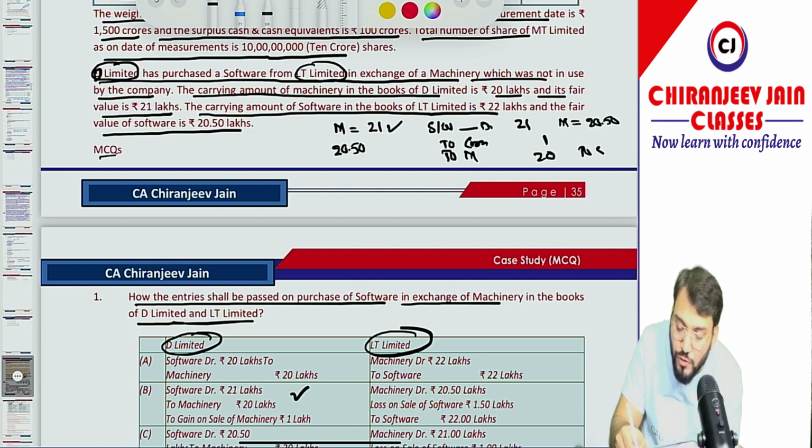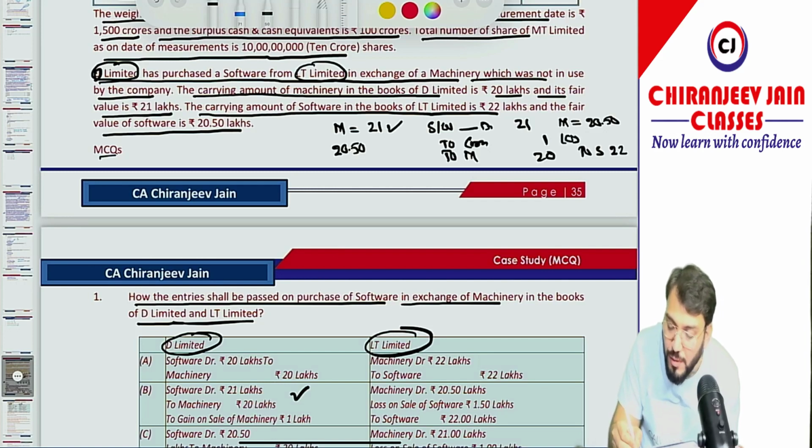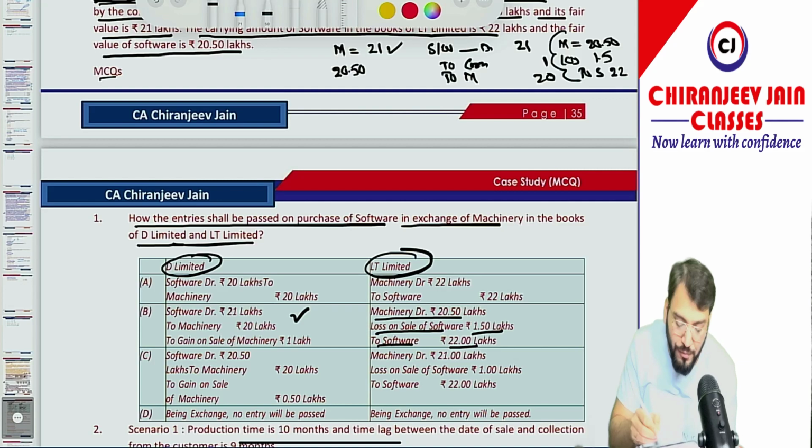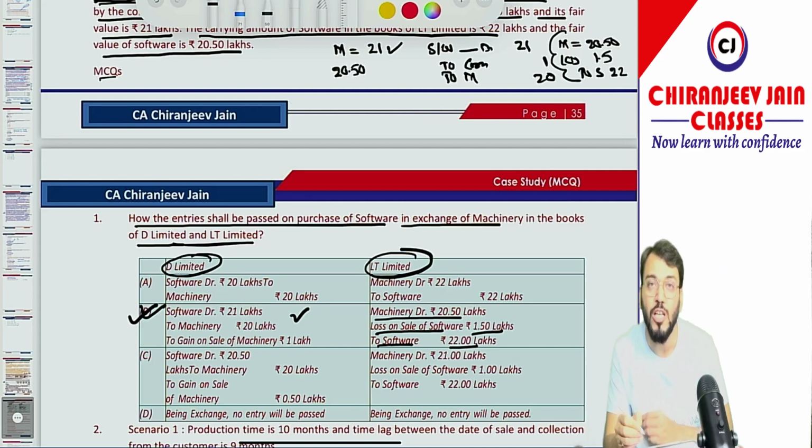To software, the carrying amount is 22. And you can see there is a loss. Loss on exchange will be 1.5. So this will be the correct journal entry. Machinery account debit 20.50, loss on sale 1.5 lakh, to software account 22 lakh. So option B is correct.